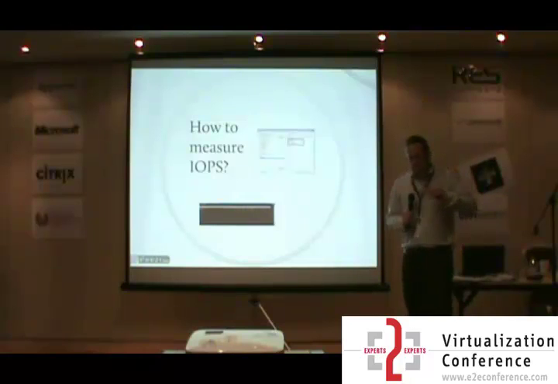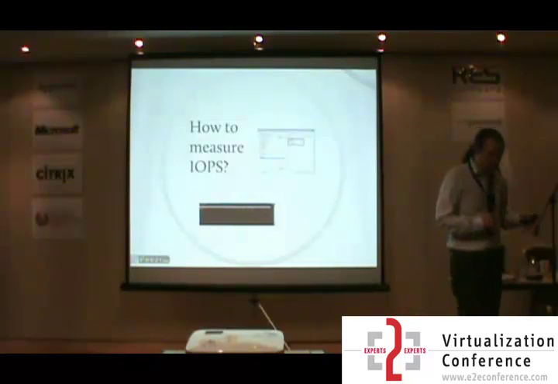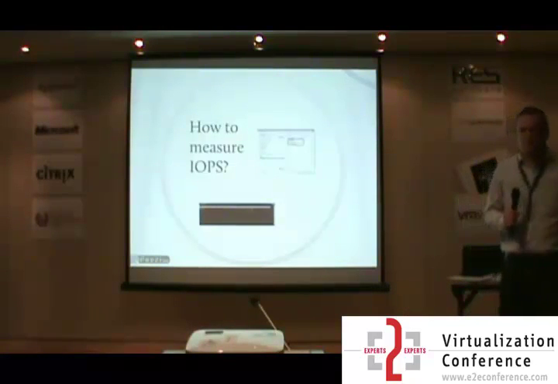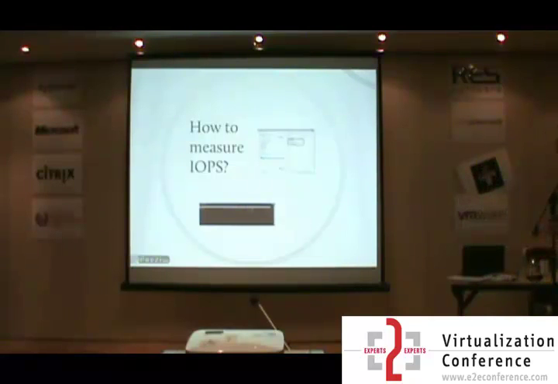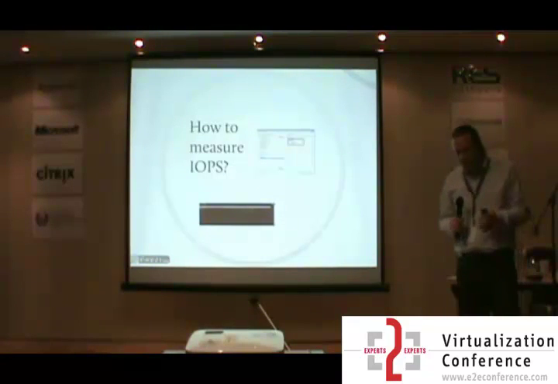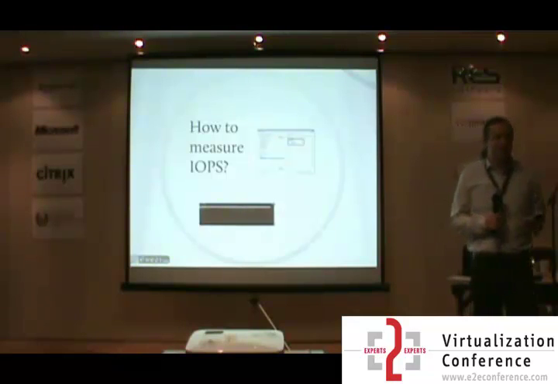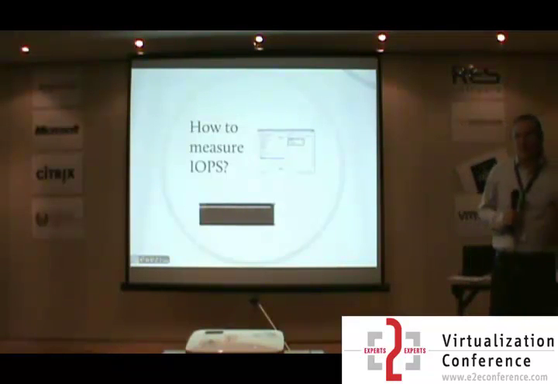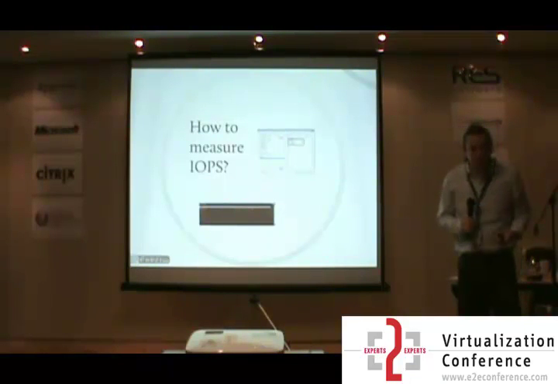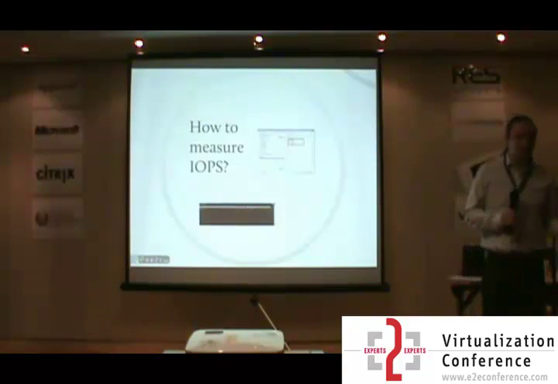So if we want to see exactly what is happening in that IOPS subsystem, we need a way to measure it. We need to be able to tell what's happening. Unfortunately, there is no way to measure what Windows is requesting. There is only a way to measure what is being delivered via the storage subsystem.